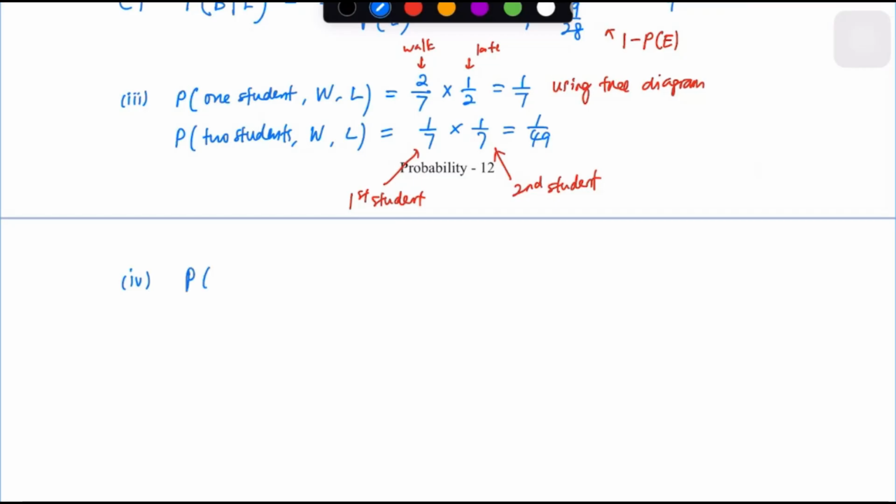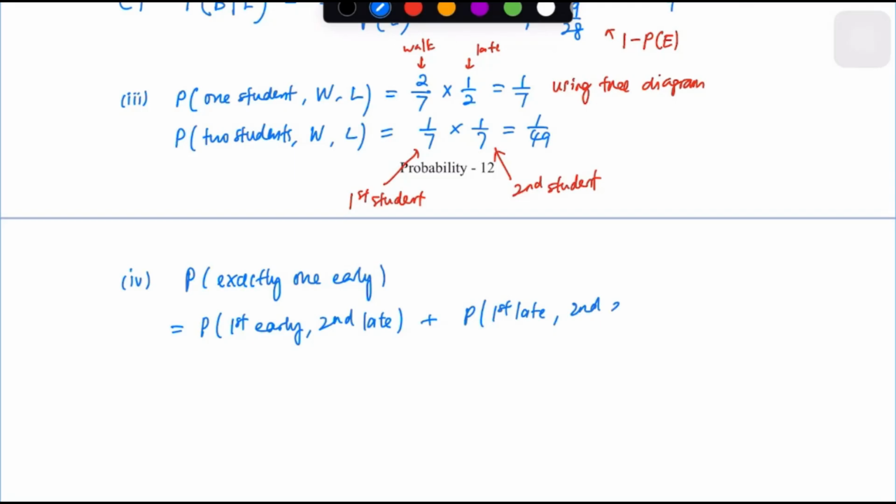The probability that exactly one is early means that we have two students, right? So the probability that the first one is early and the second student is late, plus the probability that the first one is late and the second one is early.